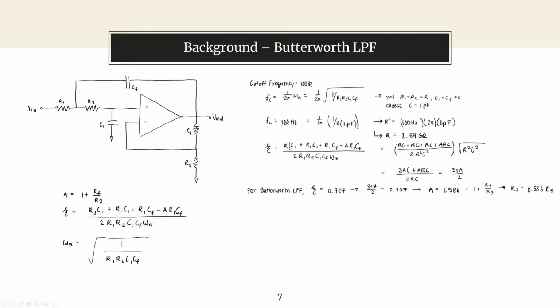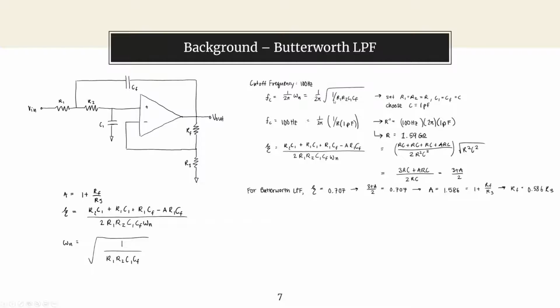So now to derive the parameters for the Butterworth filter, first revisit the transfer function, and knowing that the desired cutoff frequency is 100 Hertz, by setting the capacitors equal to each other at 1 picofarad, the value for the resistance can be determined.